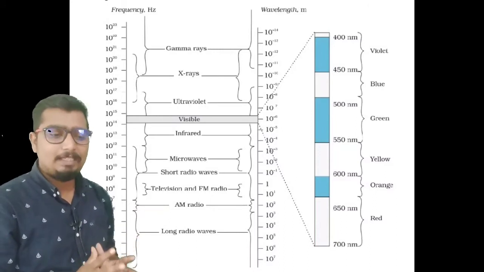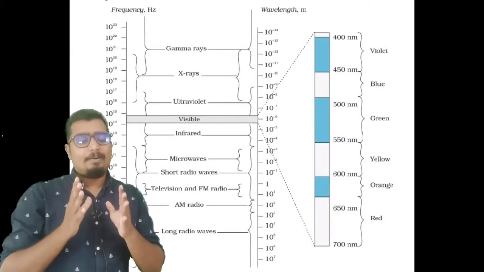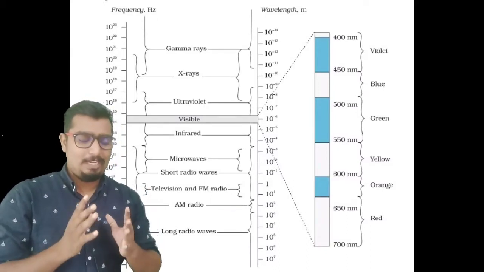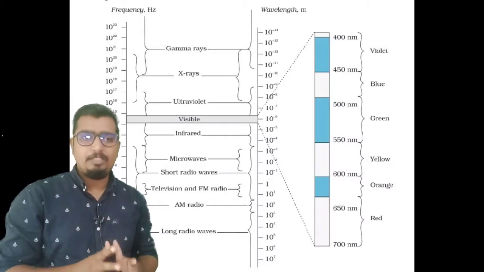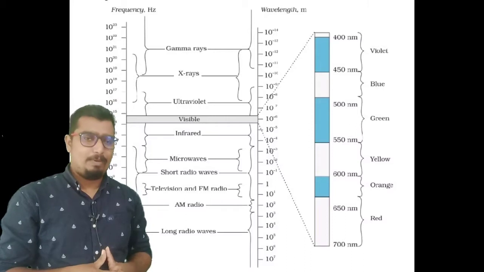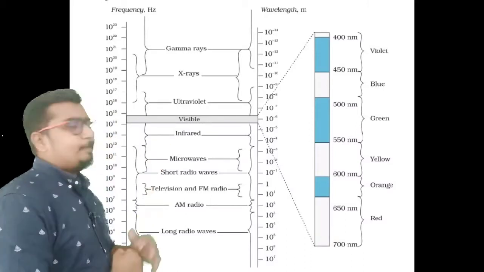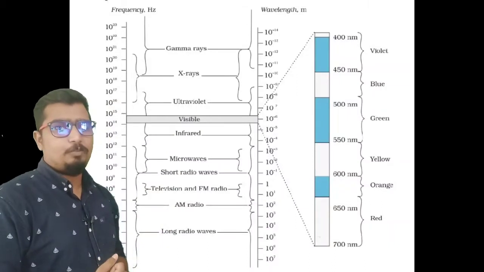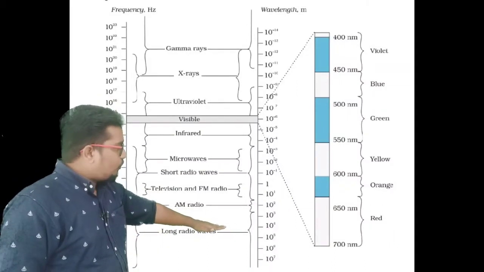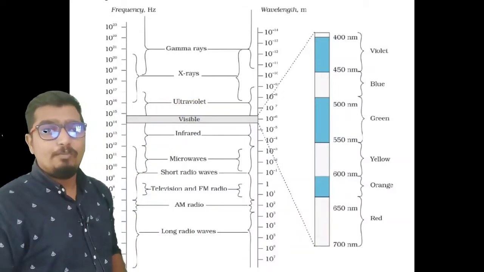What is the electromagnetic spectrum? It is an arrangement of electromagnetic radiations according to their frequency or wavelength. Clear? Listen, in this spectrum, from downward to upward, this is the increasing order of frequency.